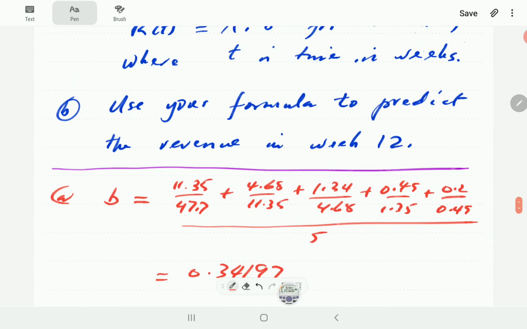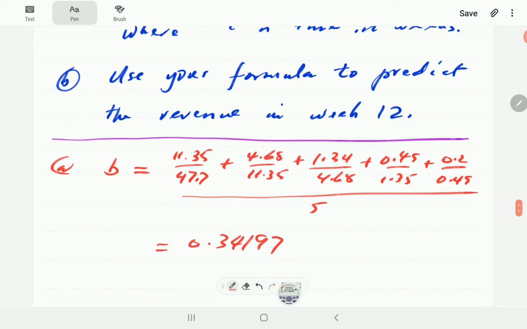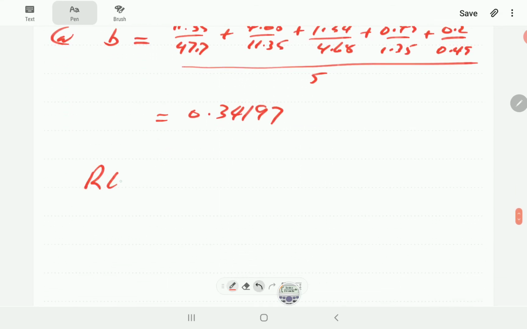So that's going to be our B, and 47.7 is going to be our A. So that means our revenue is going to be 47.7 times 0.34197.